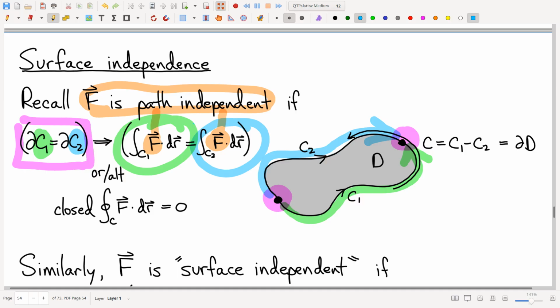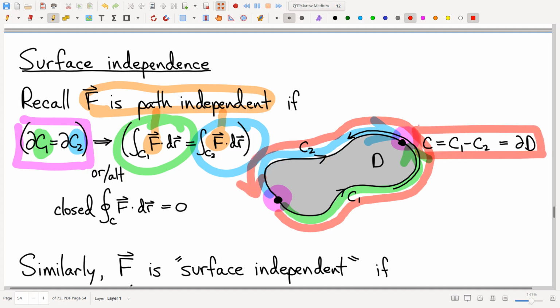Now let me remind you of the rephrase. The rephrase is that if you look at C1 and then go backwards along C2, note this minus sign indicating that we're going backwards along C2, thus making this new red curve, by the way, the boundary of that interior region, I need all these closed line integrals to be 0.